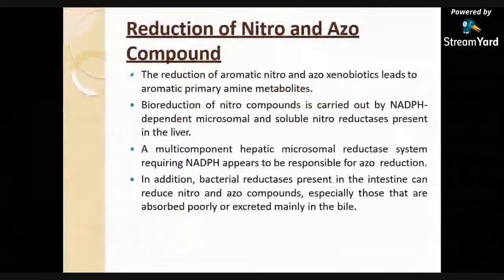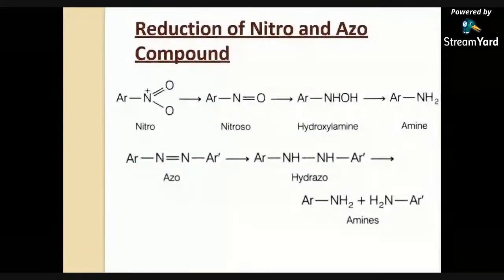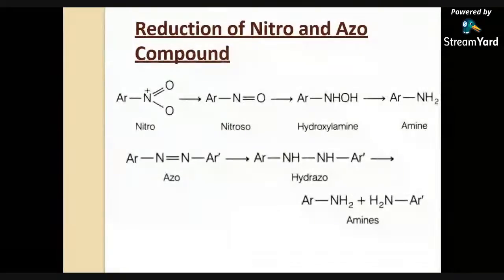You can see in this reaction the nitro compound is there. Nitro compounds, in the presence of reduction by one molecule of oxygen, are converted into the nitroso. Then further it will convert into the hydroxylamine.